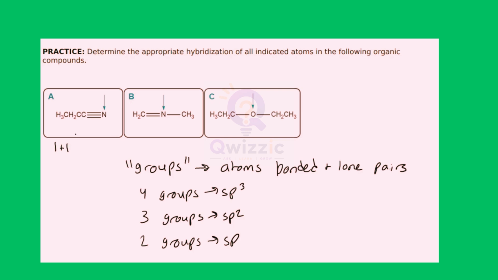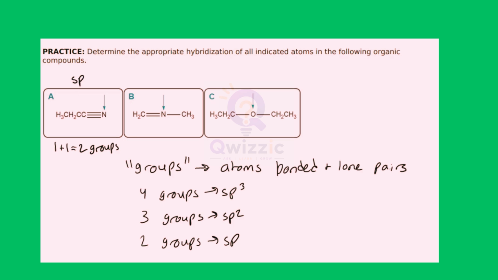It's not drawn in the structure, but recall that nitrogen is going to have a lone pair of electrons. So we have one atom bonded plus one lone pair, which equals 2 groups in total. And according to the discussion that we had prior to going over each molecule, 2 groups in total corresponds to sp hybridization for molecule A.